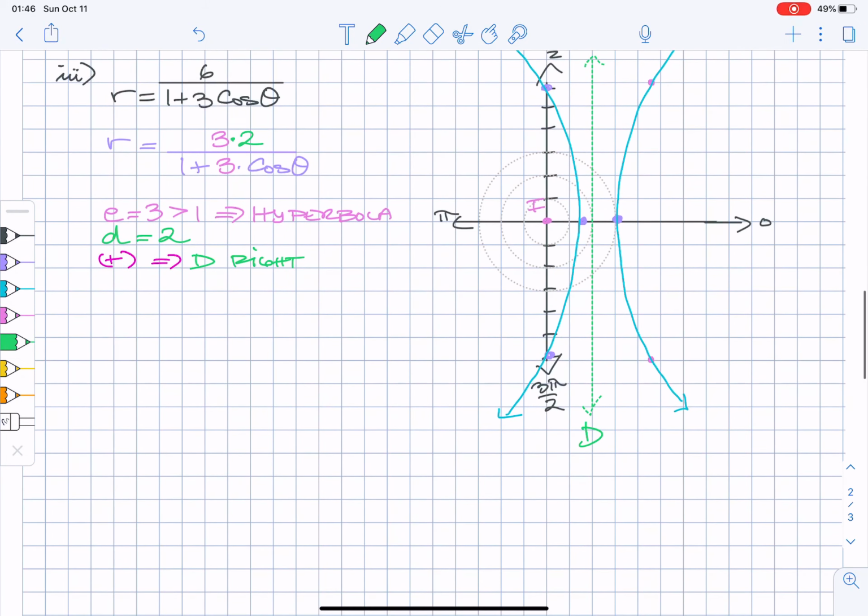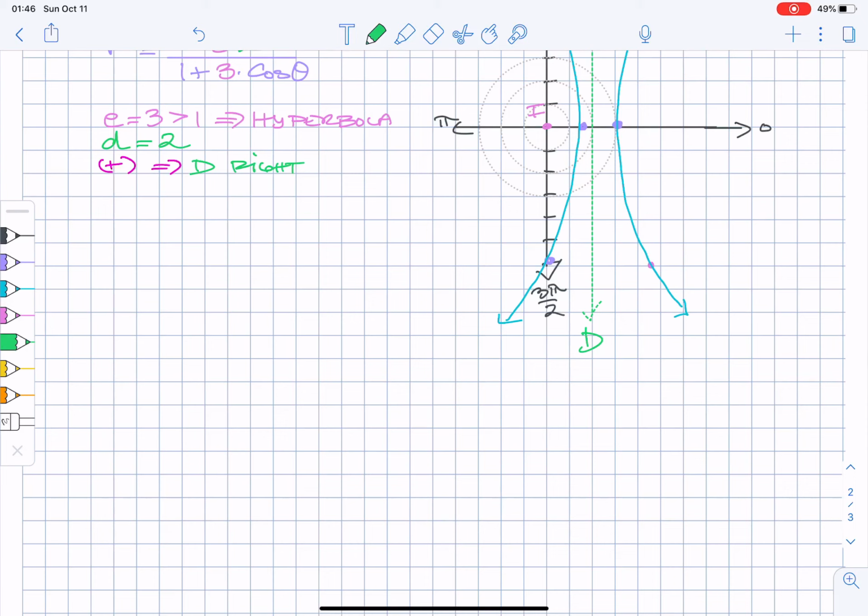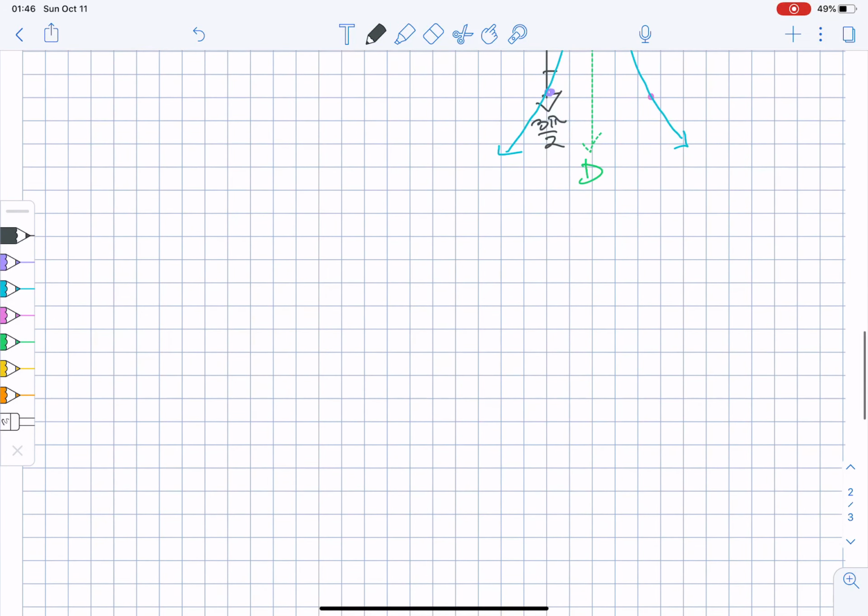Okay, so now let's do one more for good measure. Number 4, let's plot r is equal to 2 divided by 1 minus 1/3 sine theta. Let's focus on the denominator first, 1 minus 1/3 times sine of theta.